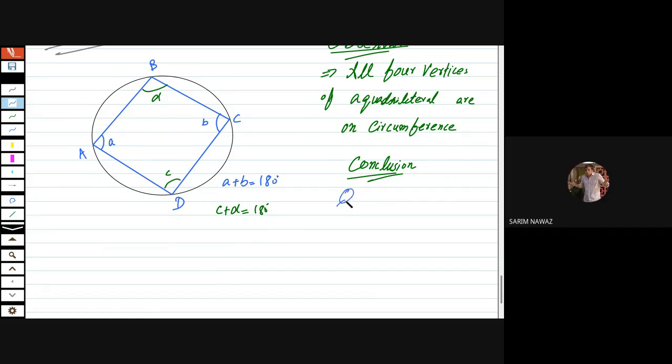Sir, the opposite angles of a cyclic quadrilateral always sum to 180.